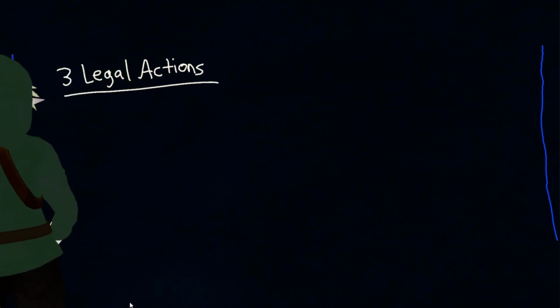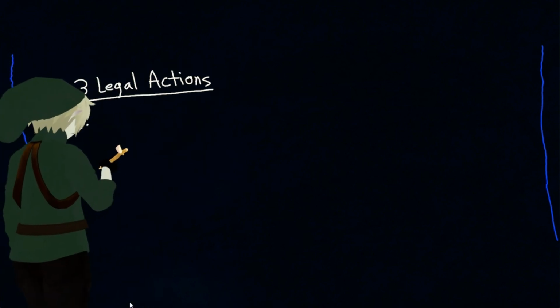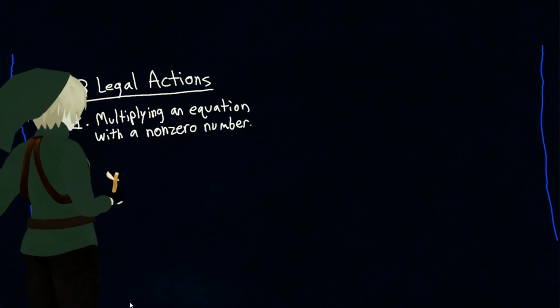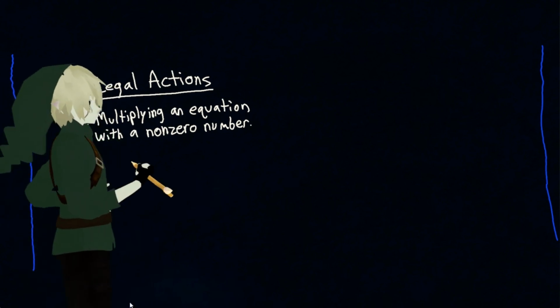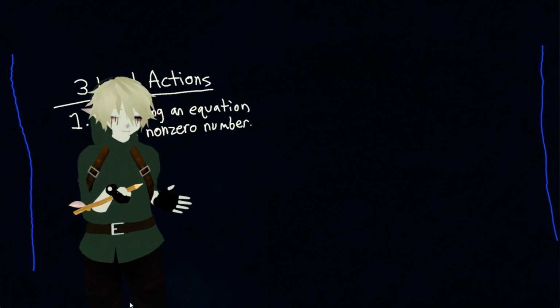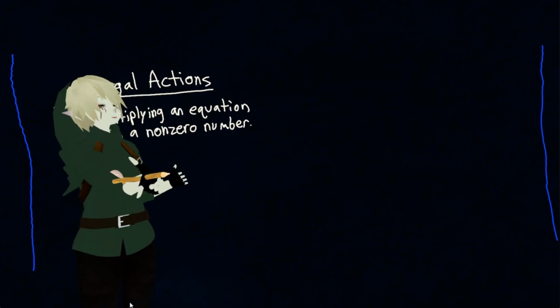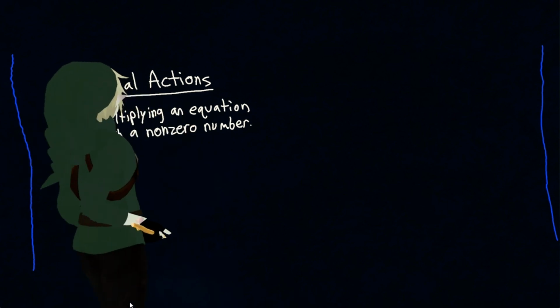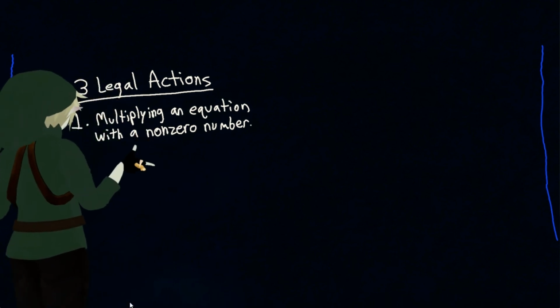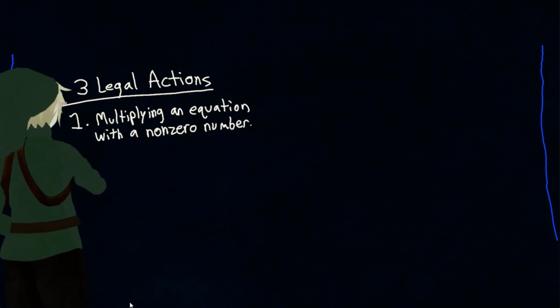So what are the 3 legal actions? First one, multiplying an equation by a non-zero number. Obviously, you cannot multiply an equation by 0 because then you just make everything 0, and that's pointless. So, any number that's not 0.